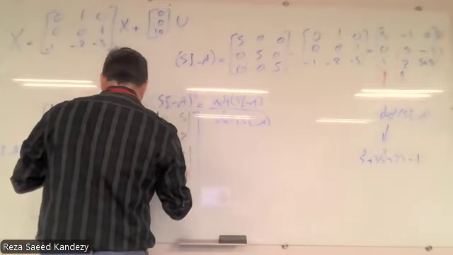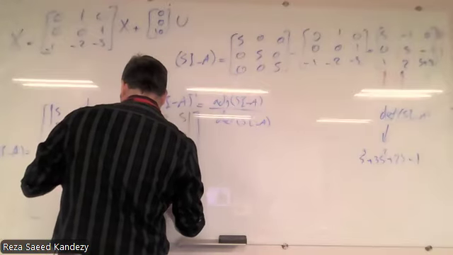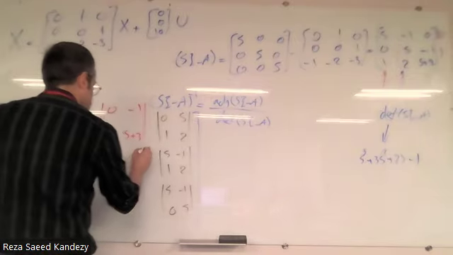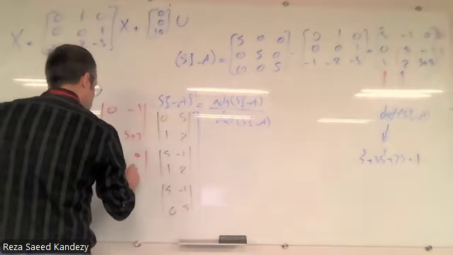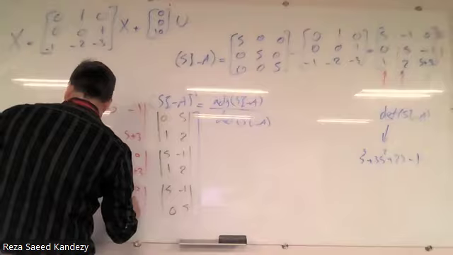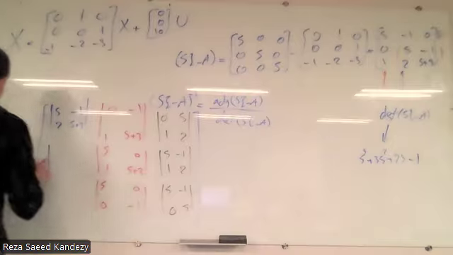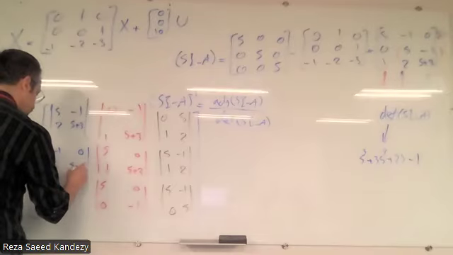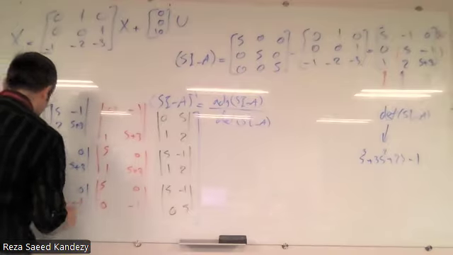You know how to do that. 1, 2, S minus 1; 0, S; S, 0, 1, S plus 3; S, 0, 0, minus 1; minus 1, 0, S plus 3; minus 1, 0, S minus 1.